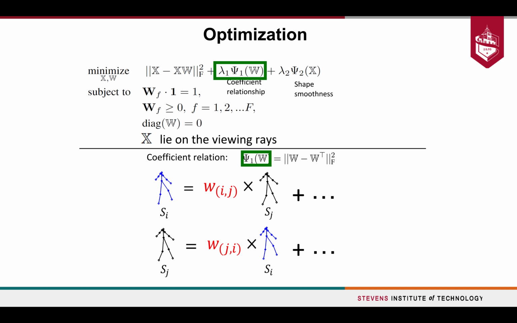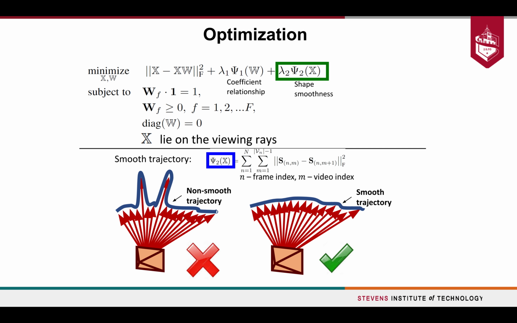So this value is supposed to be symmetric in position. So they take this term to penalize the asymmetry, trying to make it close to symmetric. And the third term is trying to penalize the distance between the neighboring frames in the same camera, since the sequencing in the same camera is known.